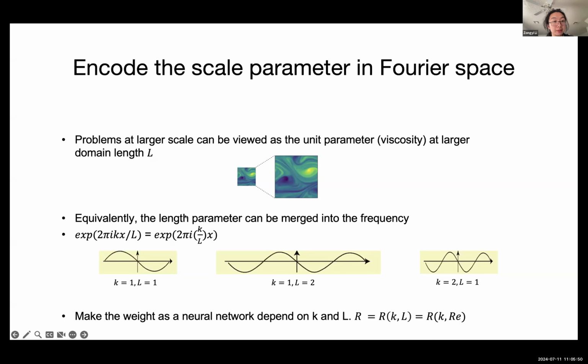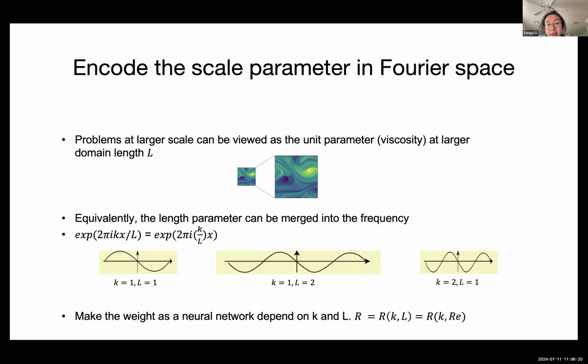Basically, we're grouping the frequency k divided by L together as the parameter for the weight matrix. So we can make the kernel weight a neural network depending on the scale and the frequency. We're learning a universal kernel that can be applied on the corresponding positions of the frequencies.